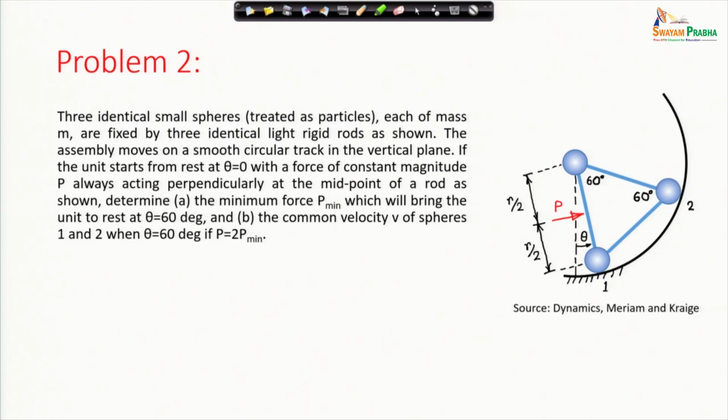If the unit starts from rest at theta equal to 0, with a force of constant magnitude P always acting perpendicularly at the midpoint of the rod as shown, determine A, the minimum force P min which will bring the unit to rest at theta equal to 60 degrees, and B, the common velocities v of spheres 1 and 2 when theta is equal to 60 degrees if P is 2 times the P min value calculated in part A. This problem is from the book of Meriam and Kraige.